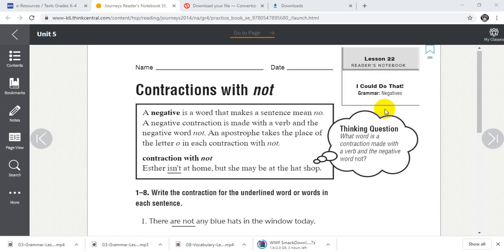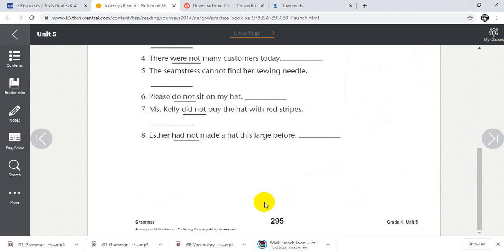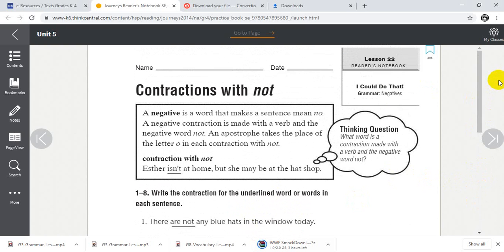So, let's start with page 295, okay? Page 295. And let's take a look at what we have today. We have negatives, okay? We're going to start with contractions with not. A negative is to say that something did not happen, or there's nothing of something, or there's none.